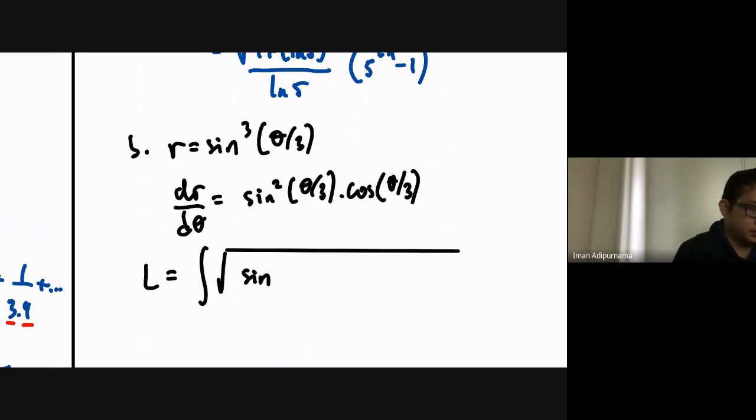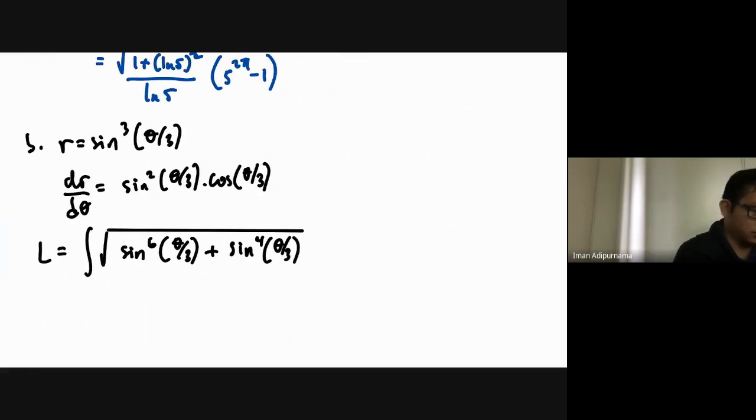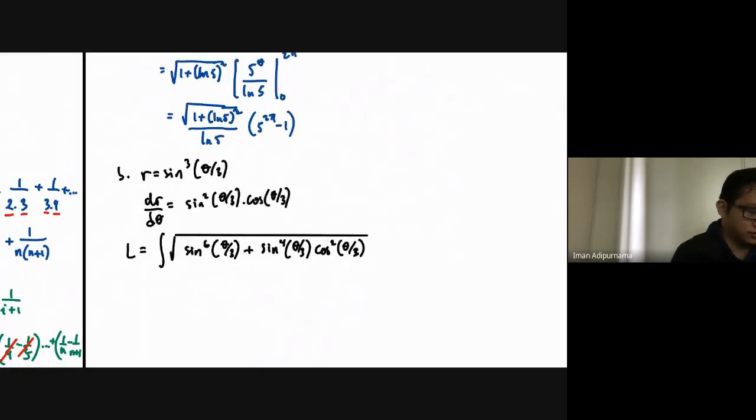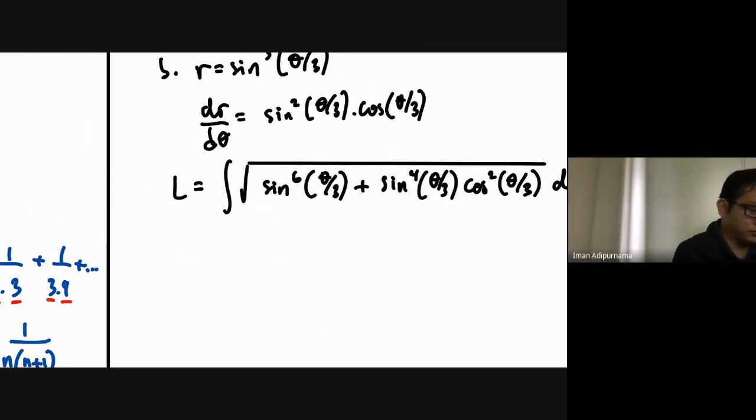So this will be sine 6 plus sine 4, and then cos squared, from 0 to pi, right?